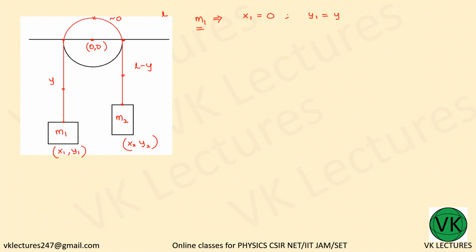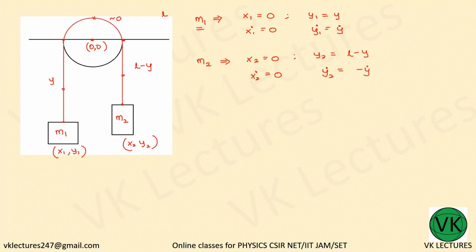So x1 dot equal to 0, y1 dot equal to y dot. Now for mass m2, we have x2 equal to 0 because there is no horizontal motion, y2 equal to L minus y, x2 dot is 0 and y2 dot equal to minus y dot.